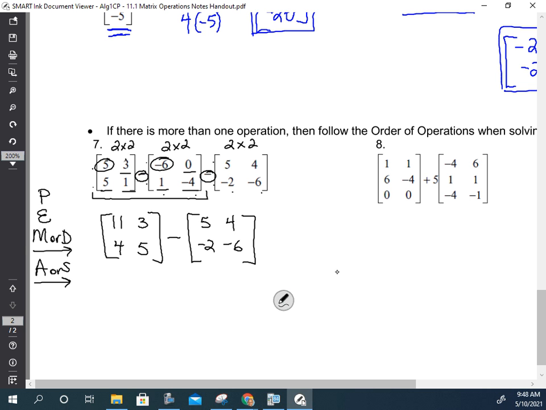Then you do it again with the other piece. 11 minus 5, 6. 3 minus 4 is negative 1. 4 minus negative 2 is 6. 5 minus negative 6, 11. So there's our matrix.